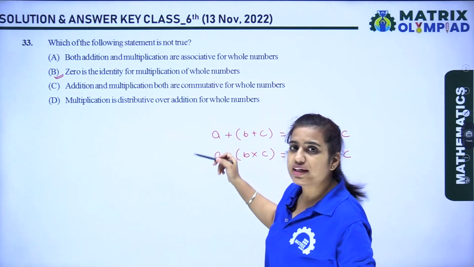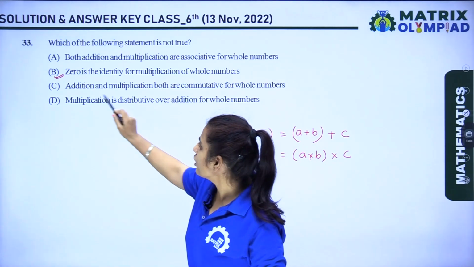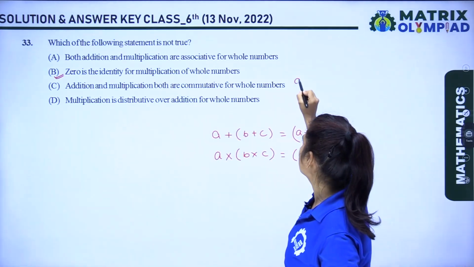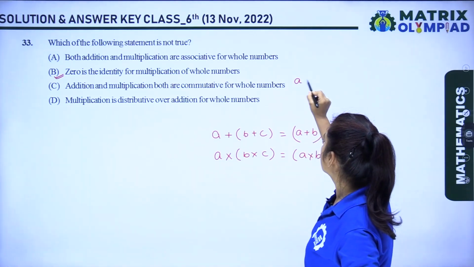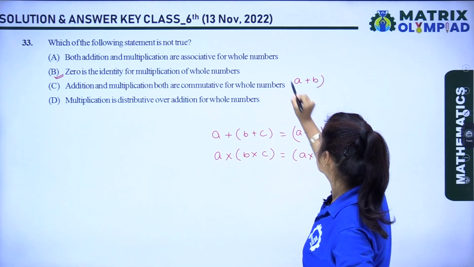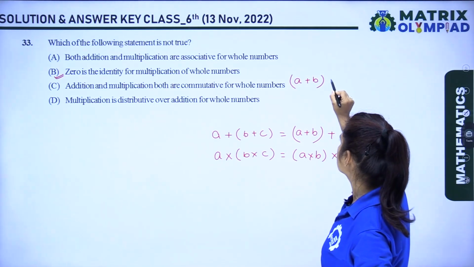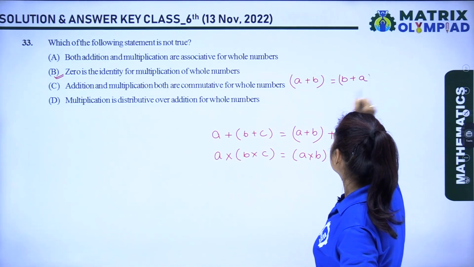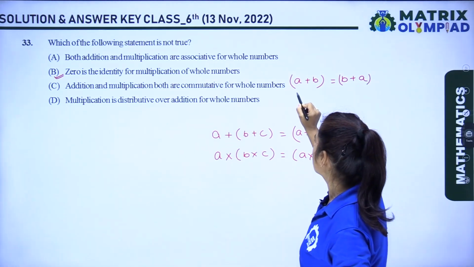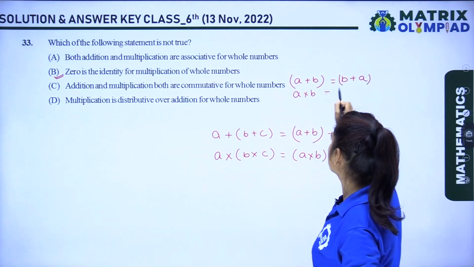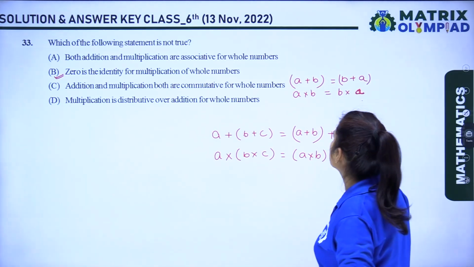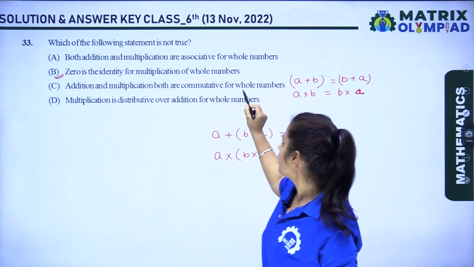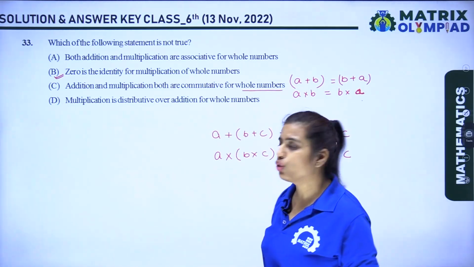Let's check C and D options also. Addition and multiplication both are commutative for whole numbers. Yes, it is also true because in commutative property of addition, we say that A plus B is equal to B plus A. So the LHS is equal to RHS, same in the multiplication, A multiplied by B is equal to B multiplied by A. So here, these both things satisfy for the commutative property of whole numbers.